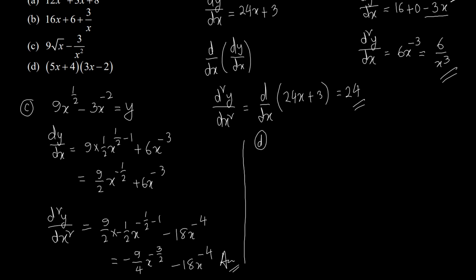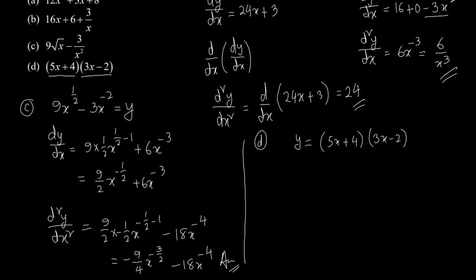We can do it very easily by using the UV rule rather than breaking it down. So we know y equals, you need to see the product rule. There is a video for the product rule on the I button. Please click the I button, then you will get it. So which is 5x plus 4, then 3x minus 2.